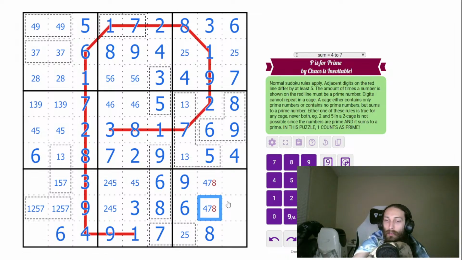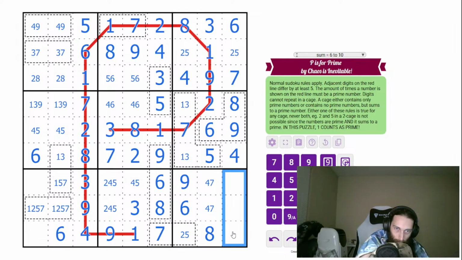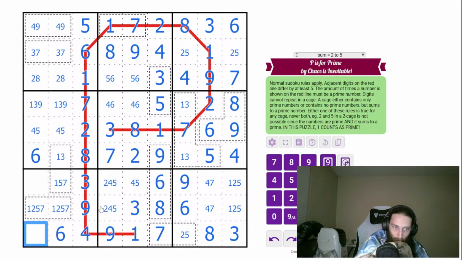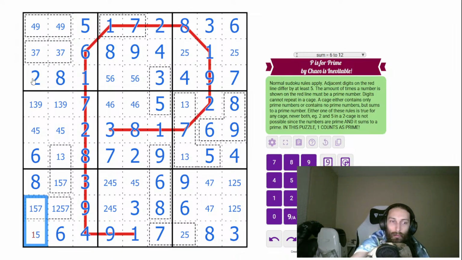So these 2. 2, 3, so that means 1, 2, 5, 7. 5, 6, 7, 8, 9, 2, 8. 2, 2, 5.